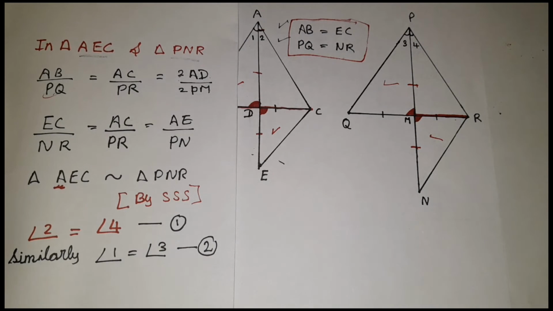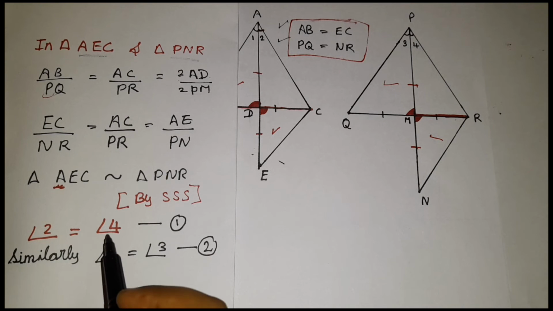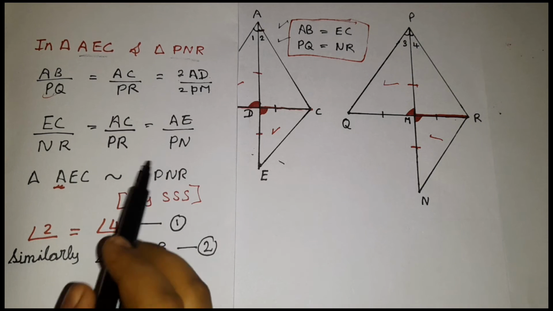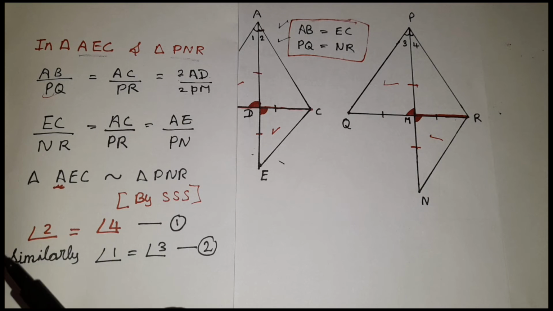Why is angle 1 equal to angle 3? Because I proved angle 2 is equal to angle 4 by proving this is similar. Just because I got angle 2 equal to angle 4, I can also say that angle 1 is equal to angle 3.